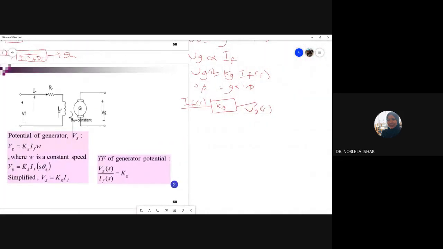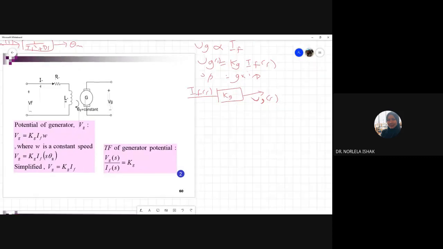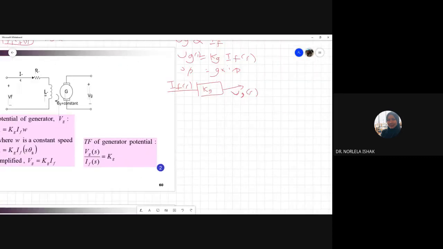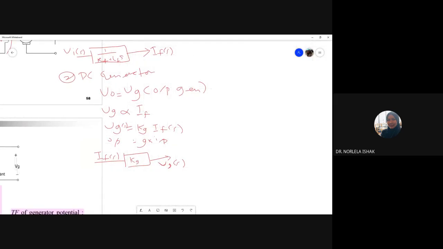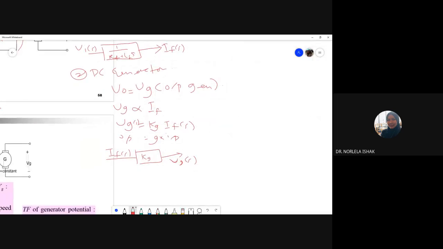So let's say we combine the two blocks. What will you get? We combine this block and this block. So we can get open loop or closed loop? Open, right?